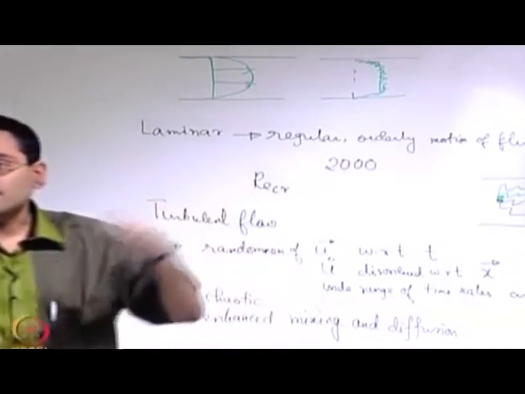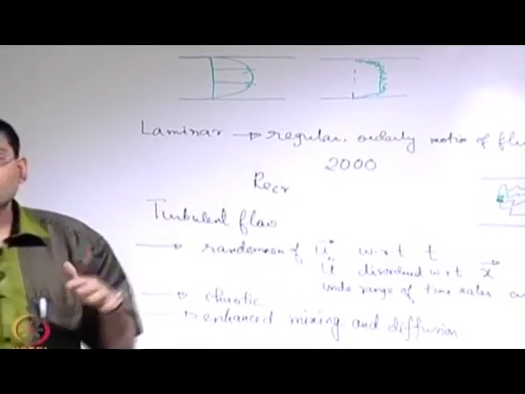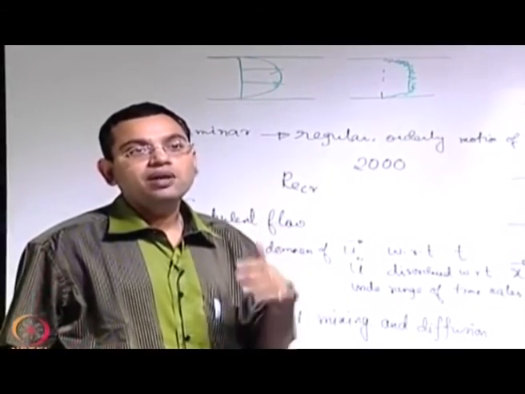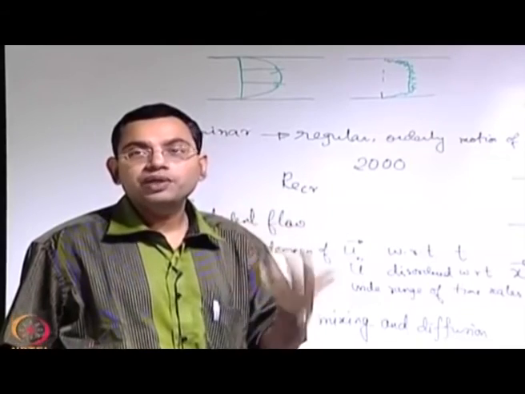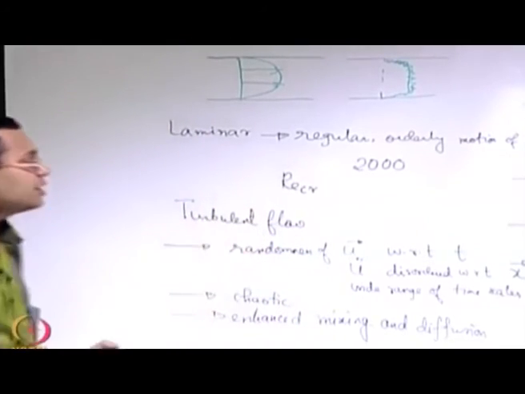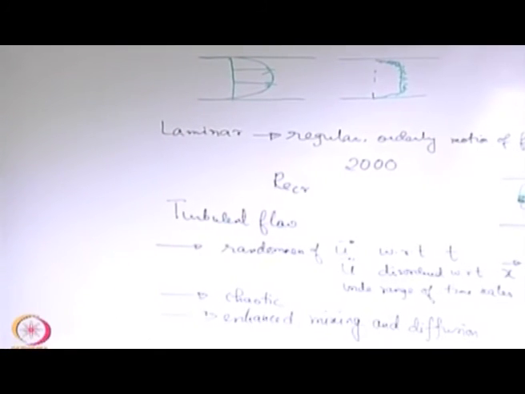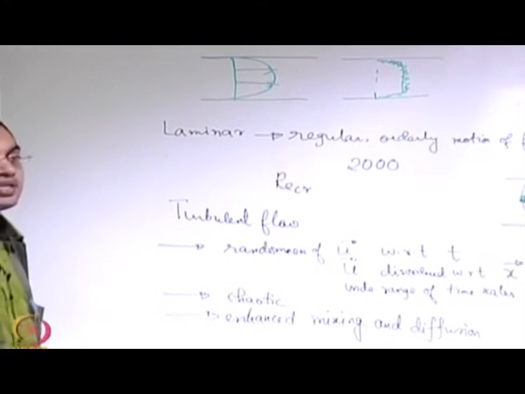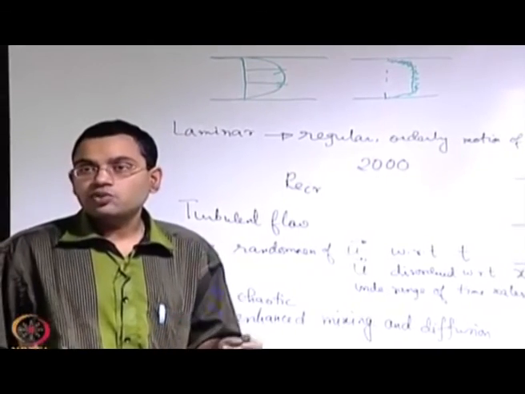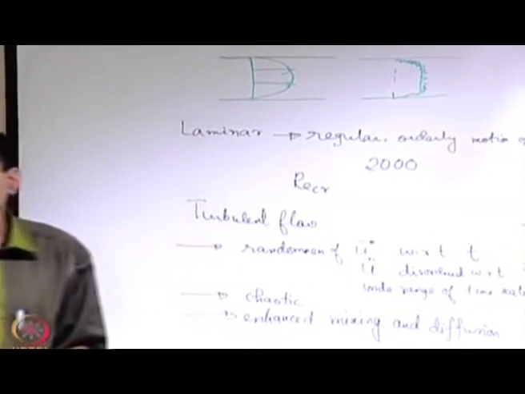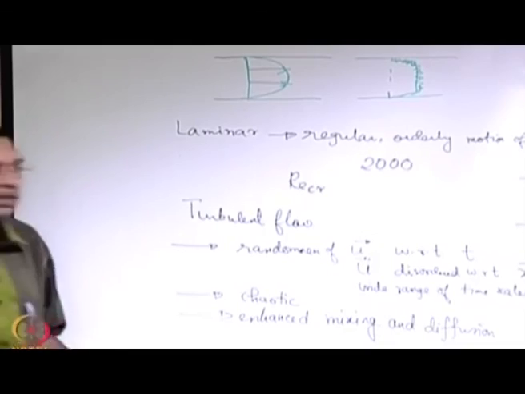But if you make a statistical averaging, then the statistically averaged property might have much better predictability, and that gives one the motivation of looking into the statistical properties of turbulence, and most of the mathematical description of turbulence is based on the statistical characteristics of turbulence.